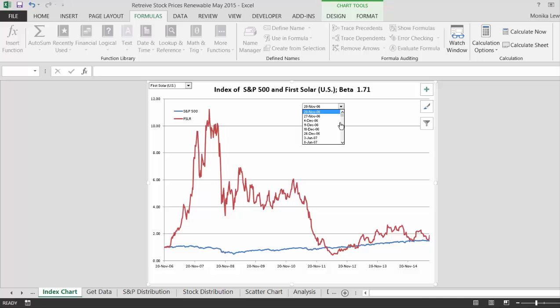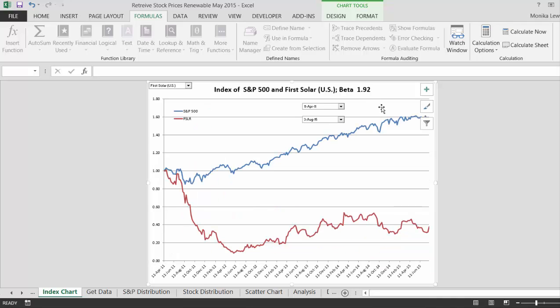And if we take kind of the last 5 years, so that's 2015, 14, 13, 12, 11, then it's 1.92. It's a little bit closer to Google Finance, but way different than finance.yahoo.